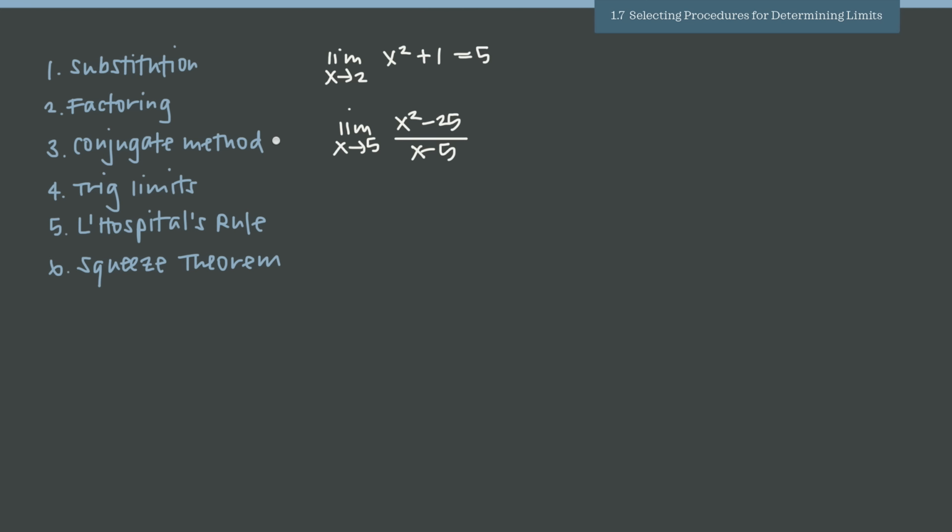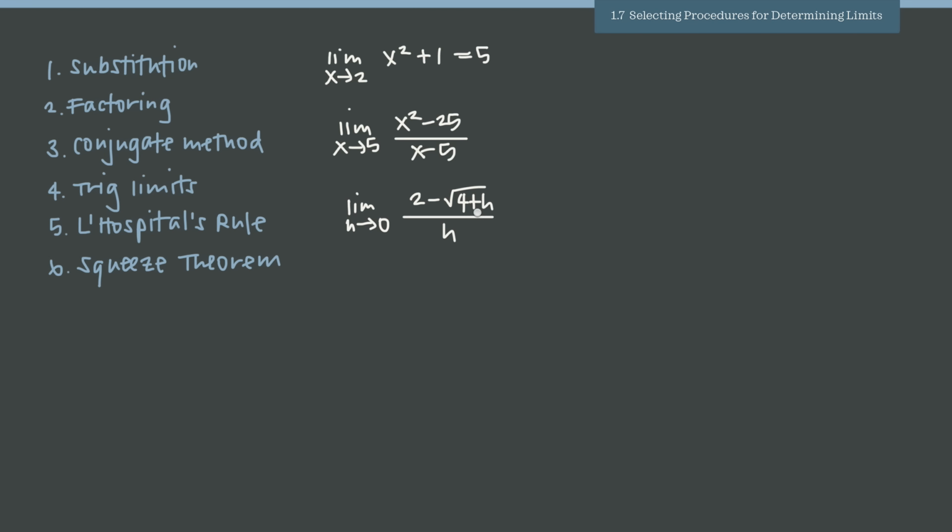If that doesn't work, you want to try the conjugate method. Often you'll see something like the limit as h approaches 0. You'll see that you have h by itself, either in the numerator or the denominator. And then you might see something like 2 minus the square root of 4 plus h.